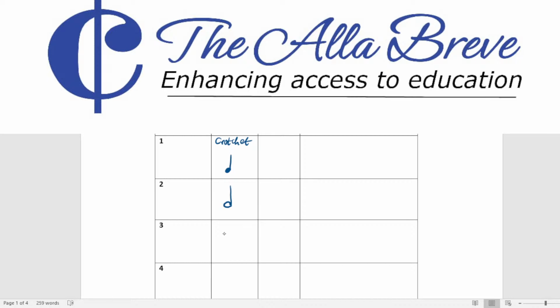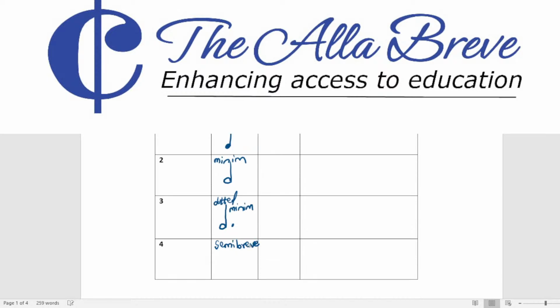Minim, and this is a dotted minim. Lastly, the one that had four counts is called a semibreve. And the semibreve is oval in shape. The note head is not shaded.